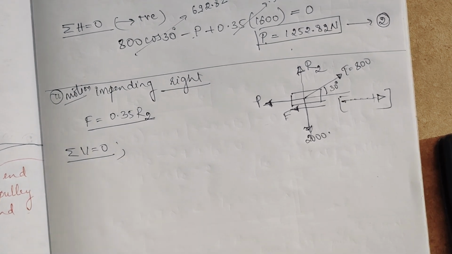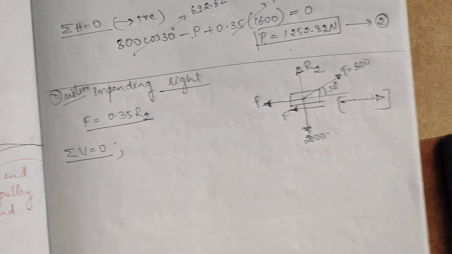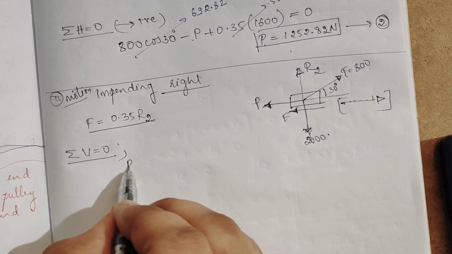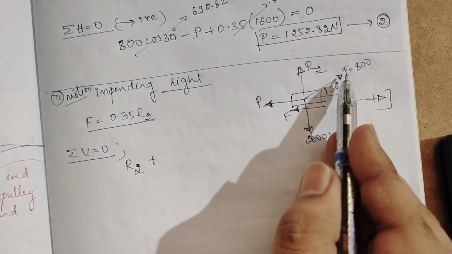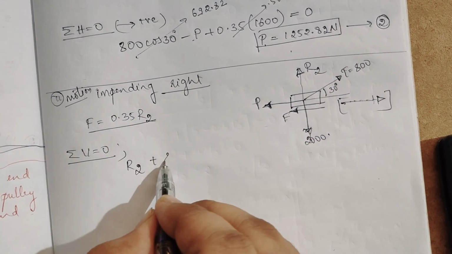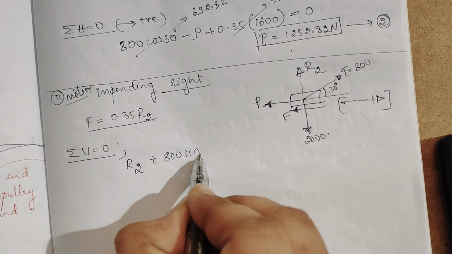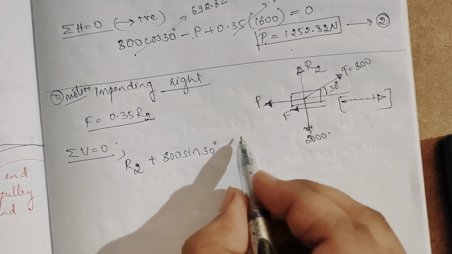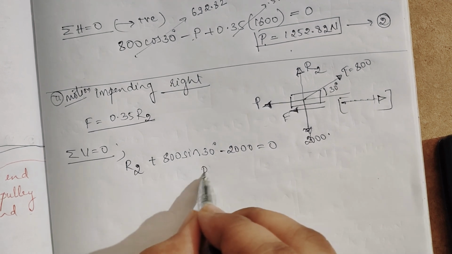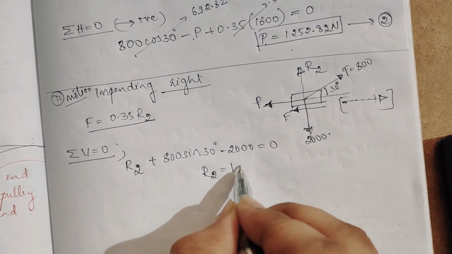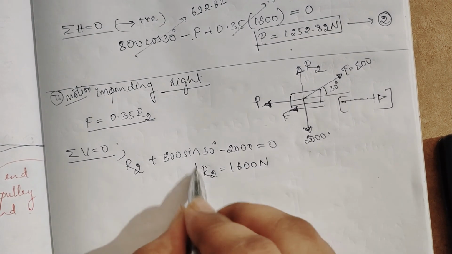Same, what I do, summation of vertical force is equal to 0. When I do summation of vertical force is equal to 0, what I get, this R2 plus 800 sin 30 degree, minus 2000 is equal to 0. So the value of R2 will be the same, 1600 Newton.